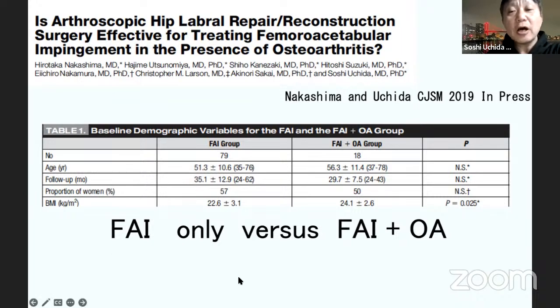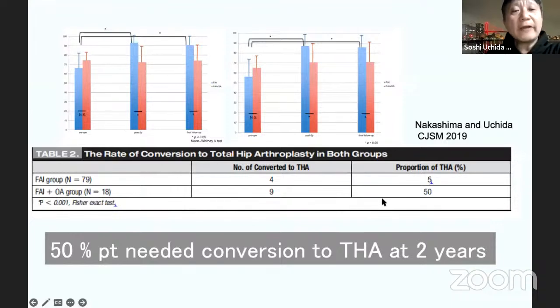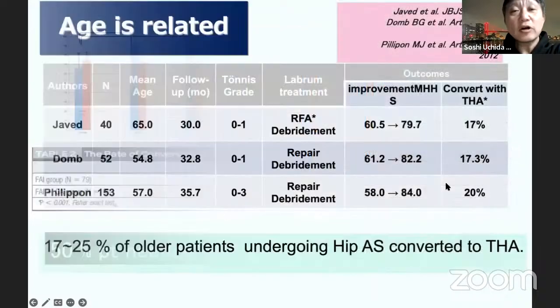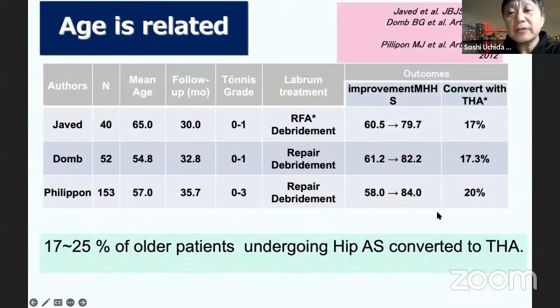We found 50% of the patients in the FAI plus OA group needed total hip arthroplasty. So even though we perform the labrum repair, there is no benefit from hip arthroscopy.